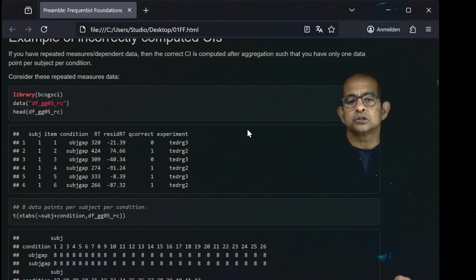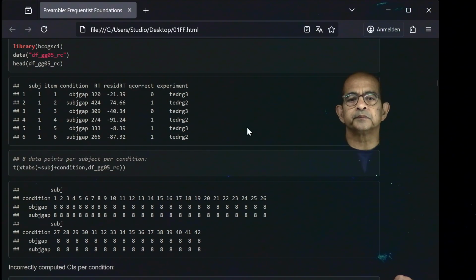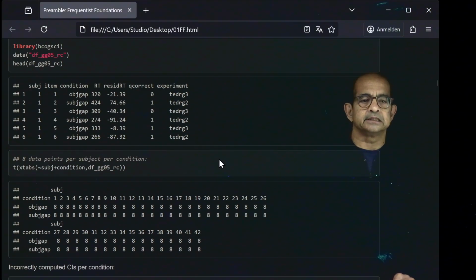Let's first take a look at the structure of the data set. What I said was that there are 42 subjects and 16 items and 2 conditions, and these are in a Latin square design. Therefore, what this means is that each of these 42 subjects, you can see the numbers here, is seeing each of the 2 conditions 8 times.